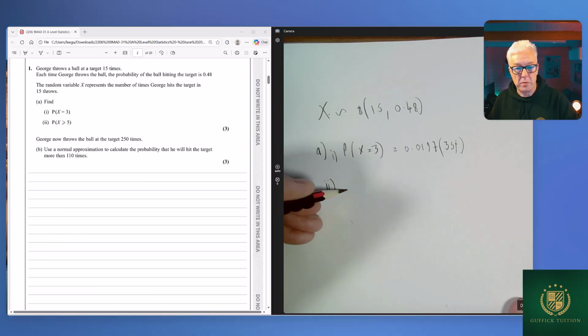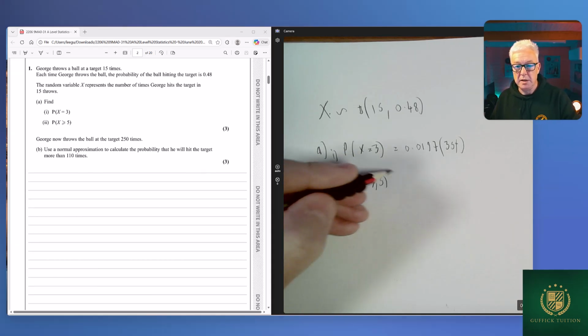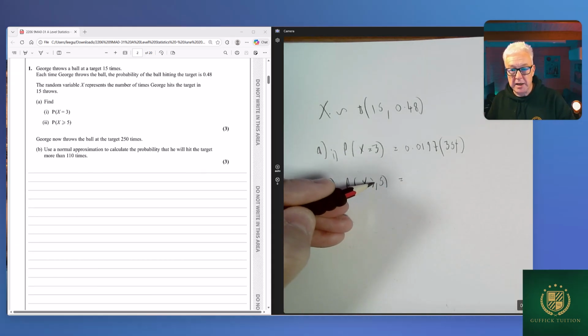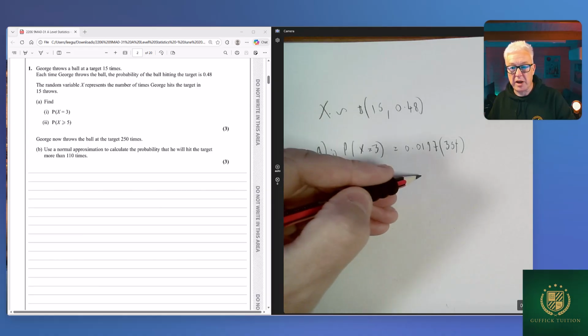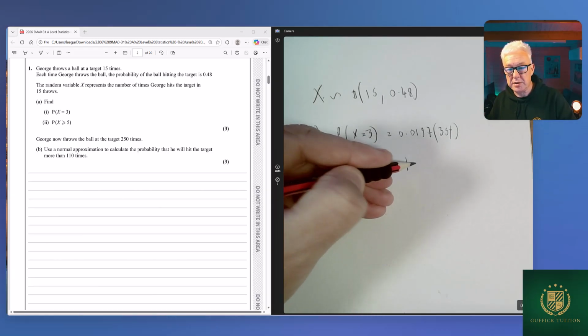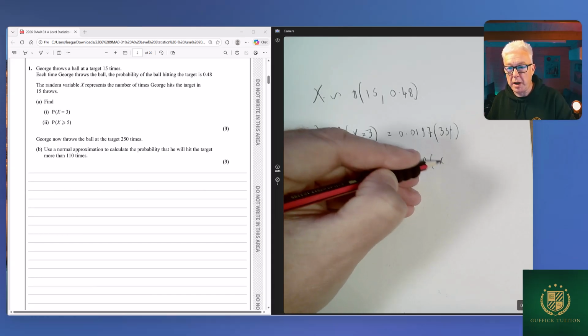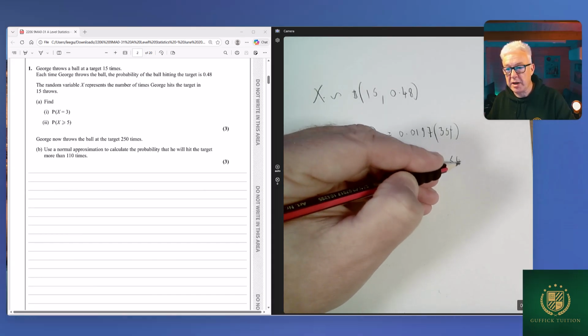What have we got? The probability that x is greater than or equal to 5. Now again, depending on which calculator you're using, you can either enter that directly into your calculator if you're using a graphical calculator, and you can select the right hand tail, or if you're using a conventional calculator, it's going to be the same as 1 minus the probability of x is less than or equal to 4.